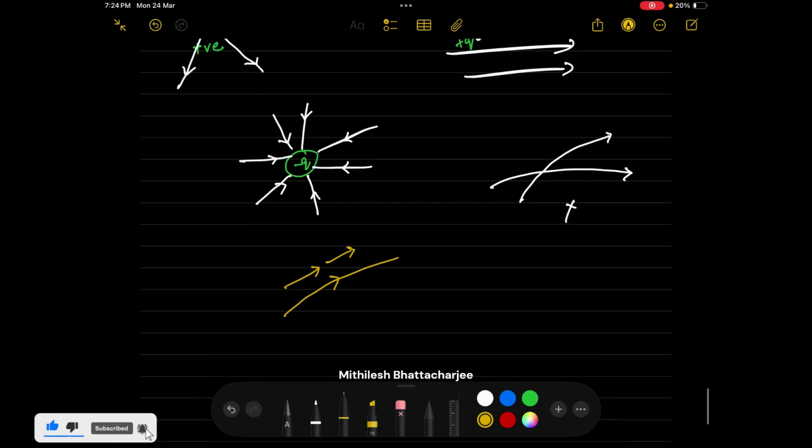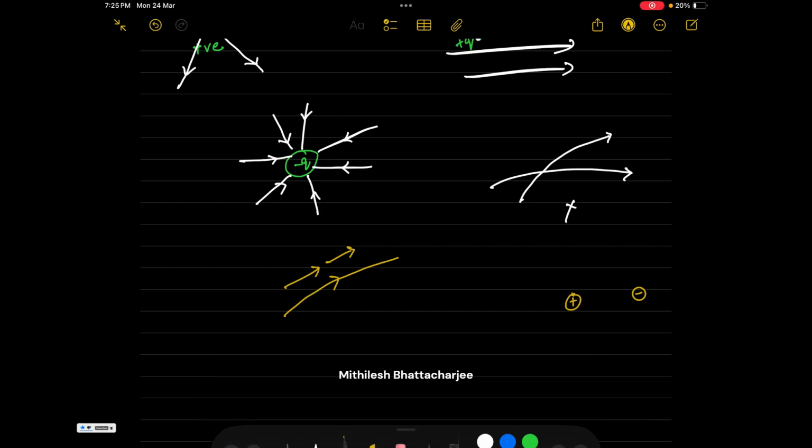If we put one positive charge and one negative charge, then the electric field line will be like this.